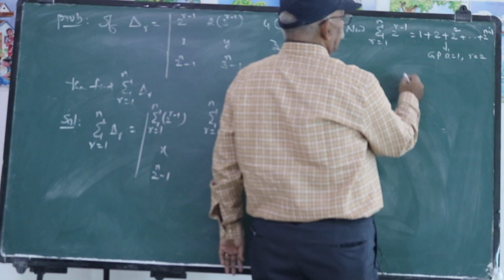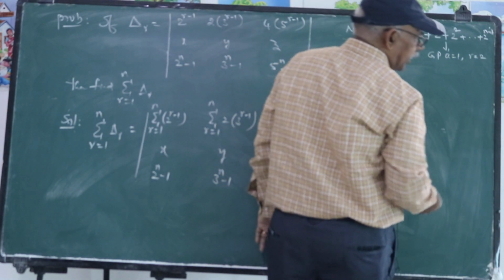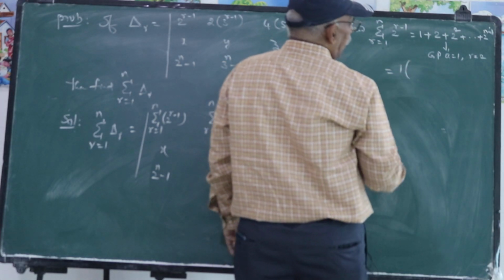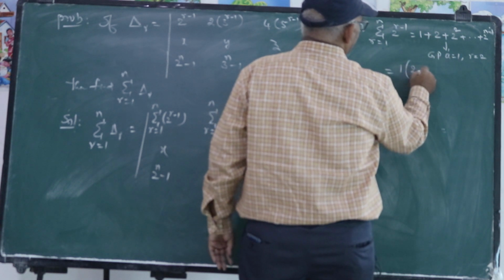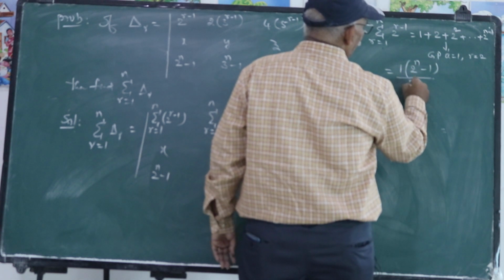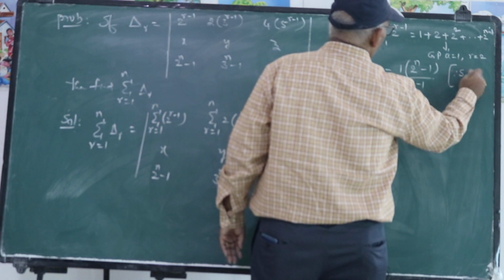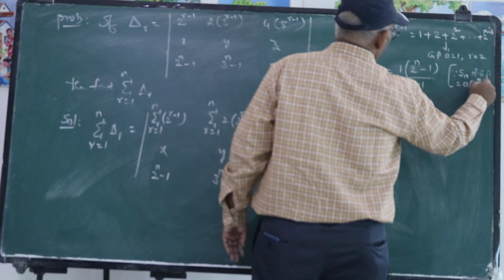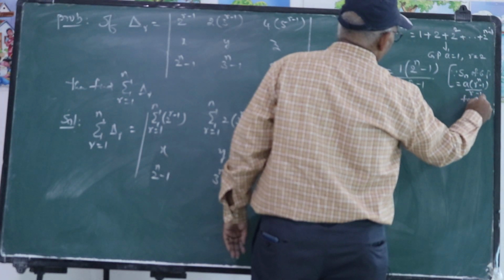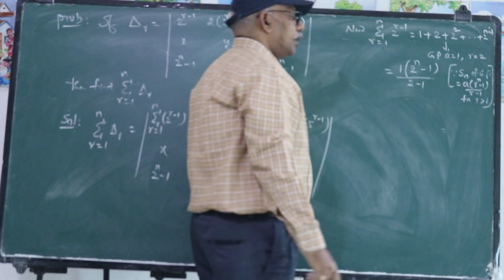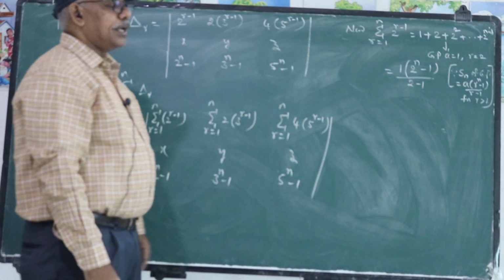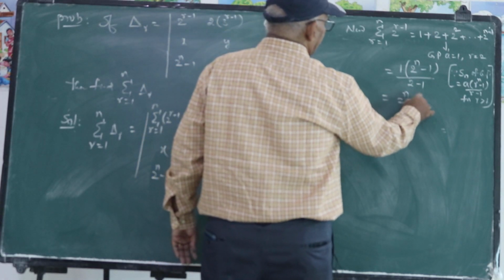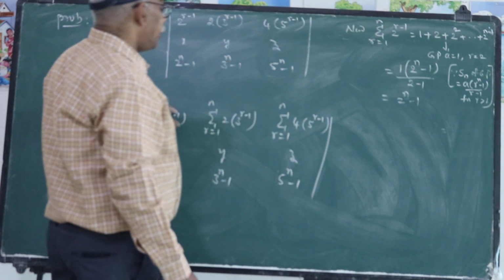The sum of n terms of GP is a into (r power n minus 1) by (r minus 1) for r greater than 1, which is clearly 2 power n minus 1. So this value is 2 power n minus 1.